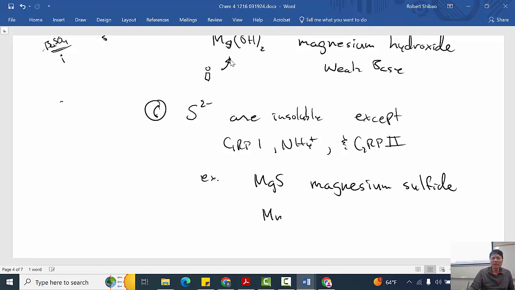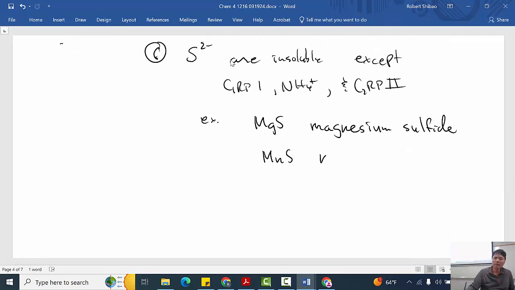How about MnS? What do we call MnS? Manganese sulfide. Close. Yeah, manganese, Roman numeral 2, sulfide. So manganese has 2 and 3 charges. Magnesium is a fixed charge.